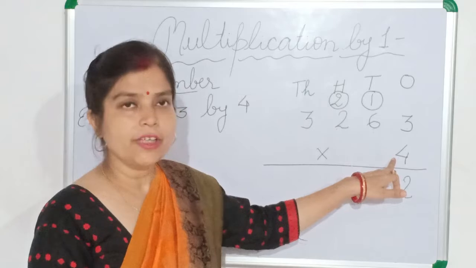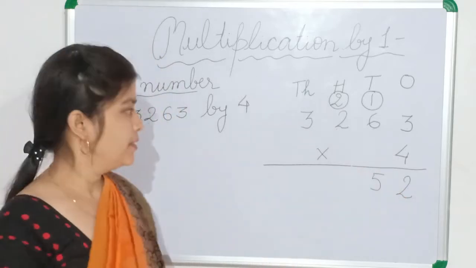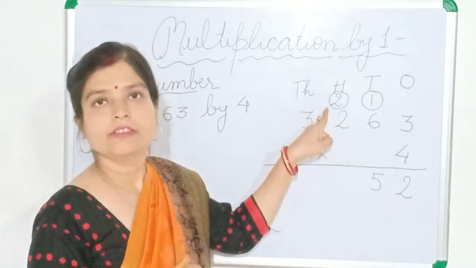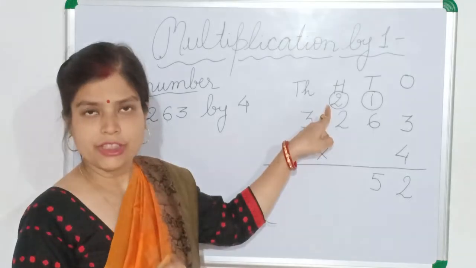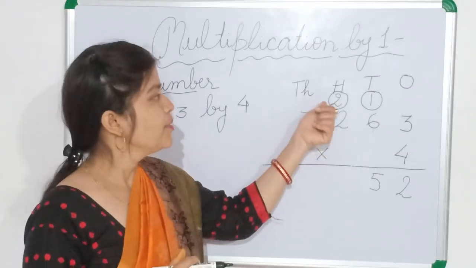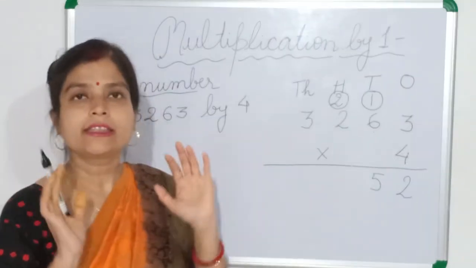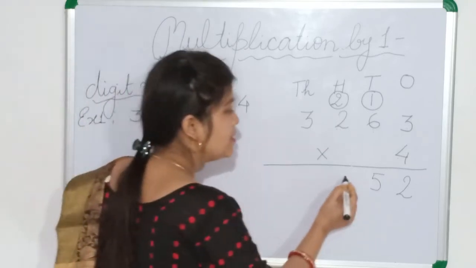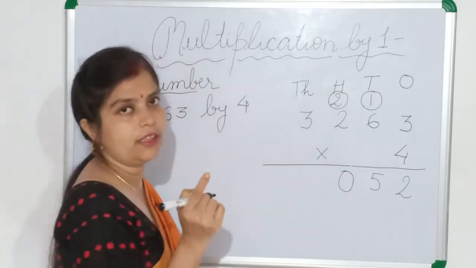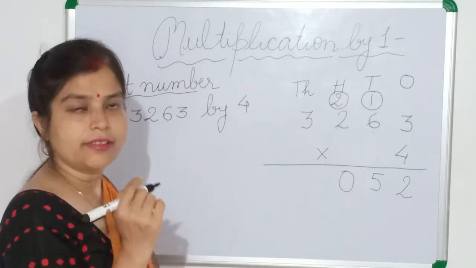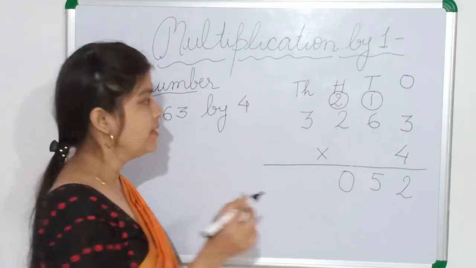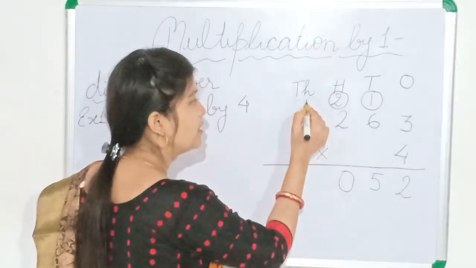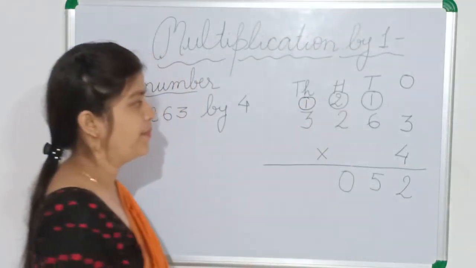Already we have 200 here, which I have carried. So 2 plus 8 it will be 10, that is 1000. So we can write 0 in the hundreds place and carry 1000 over here.